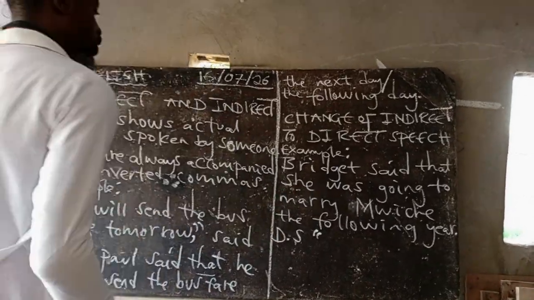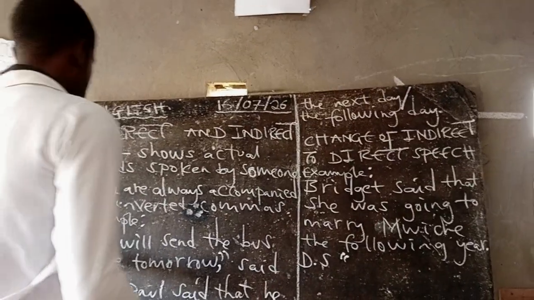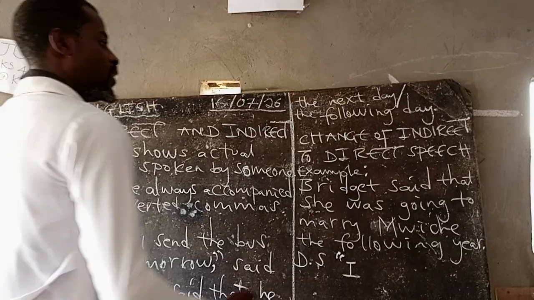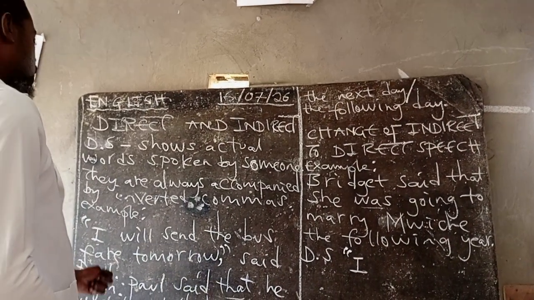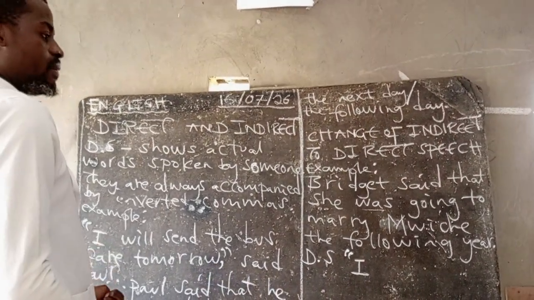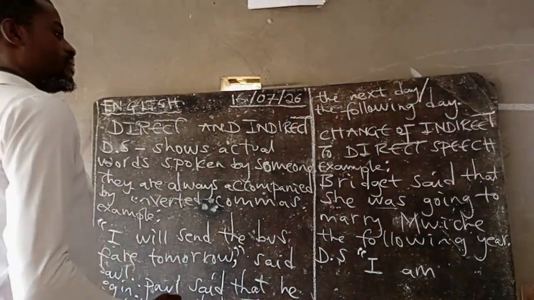So she becomes I. Was, in direct speech, you can say am.